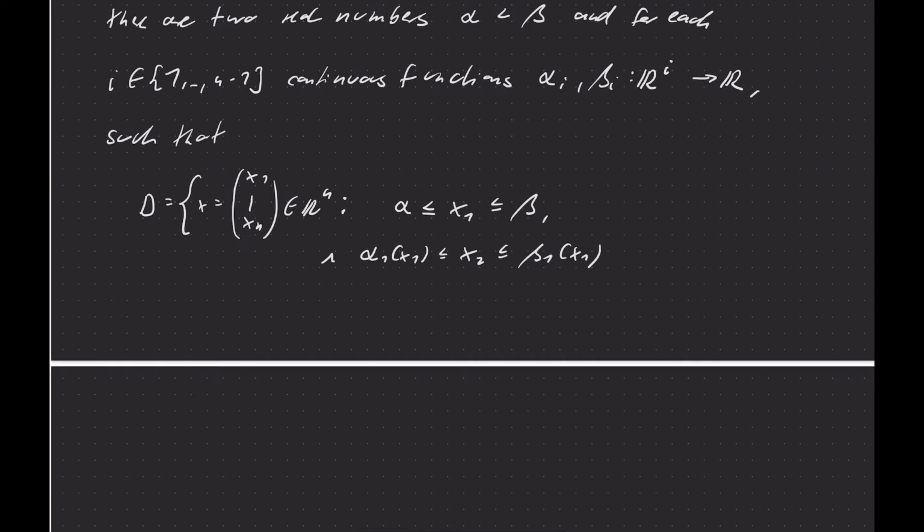And so on. We'll extend that to the very last coordinate, xn. That will then be bounded below by alpha n minus 1 of x1 up to xn minus 1, and it will be bounded above by beta n minus 1 of x1 to xn minus 1.